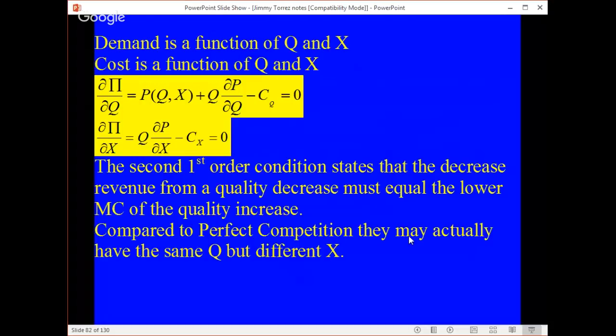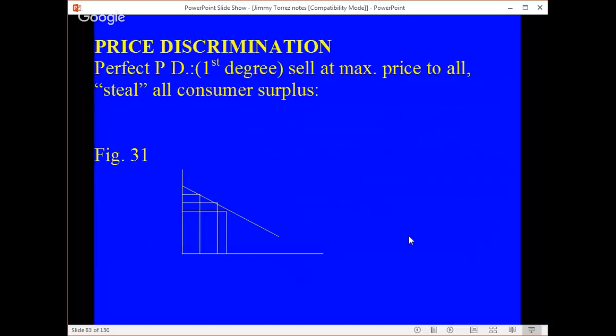That states a decrease in revenue from a quality decrease must equal the lower marginal cost of the quality decrease. So compared to perfect competition, I can have the same quantity, but lower my quality and still have a monopolist profit. Okay. Questions?